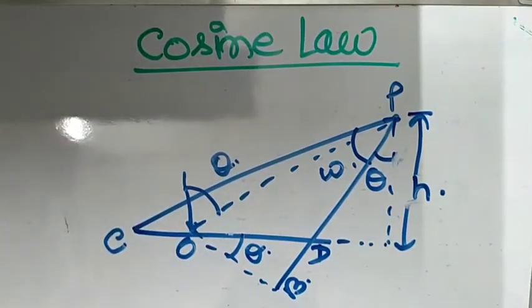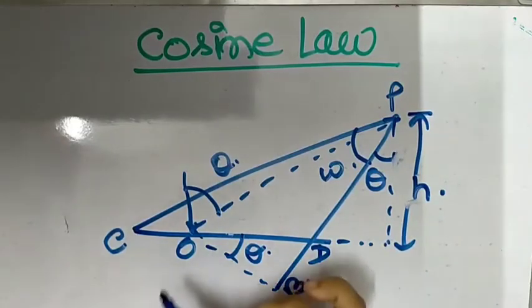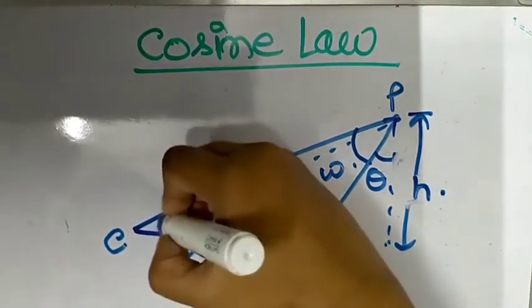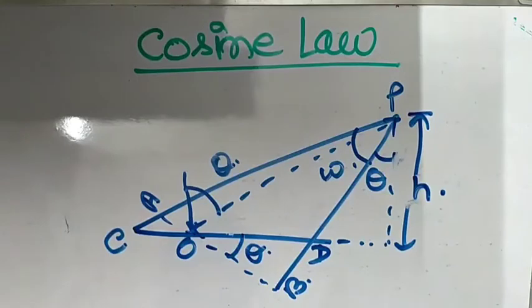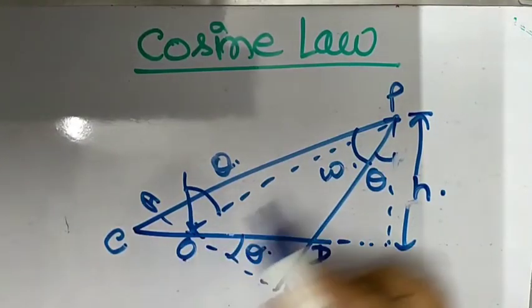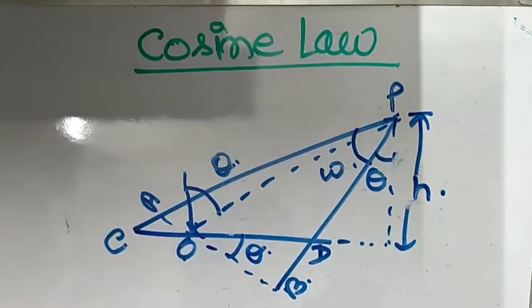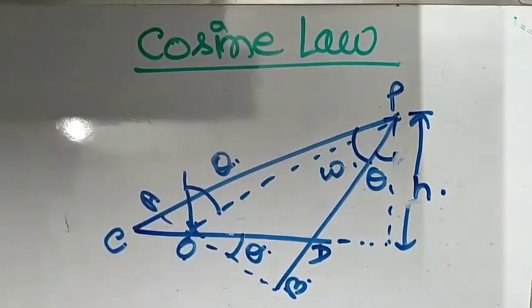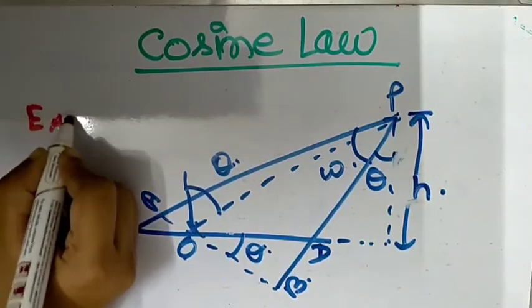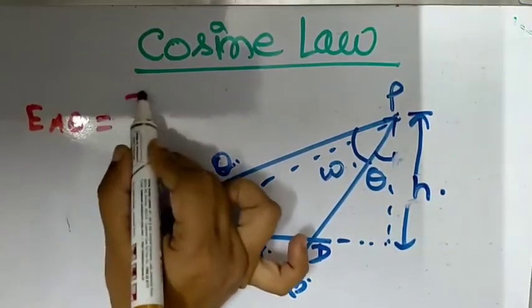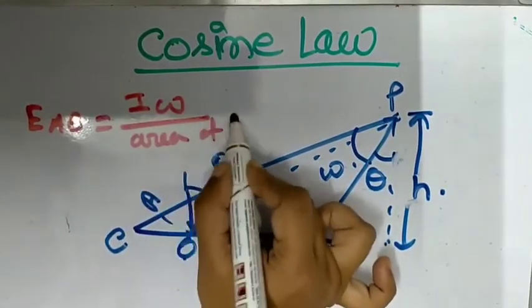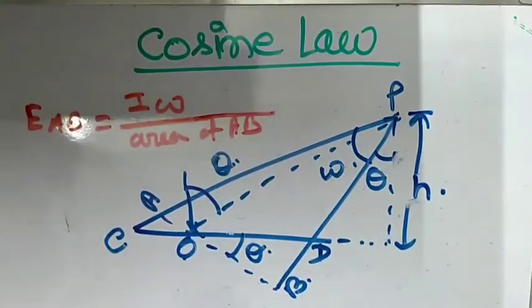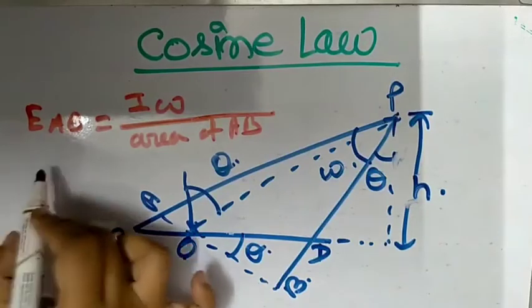This point is A. Now the illumination of area AB, that is EAB, is equal to I omega by the area of AB.